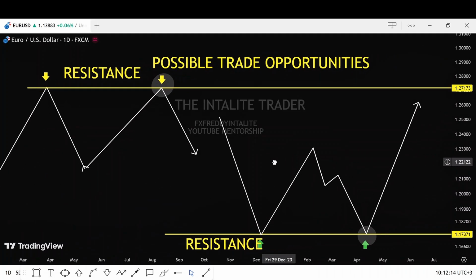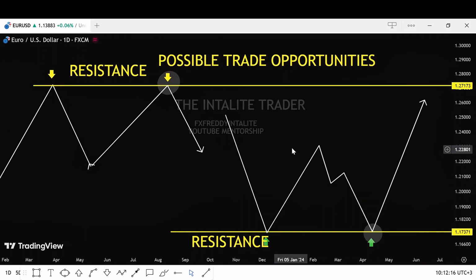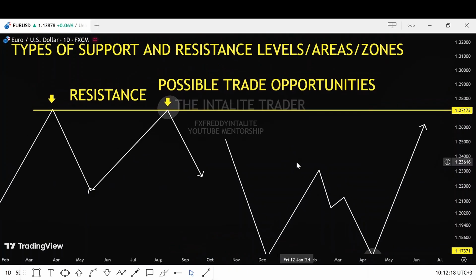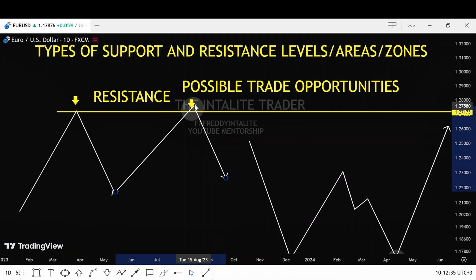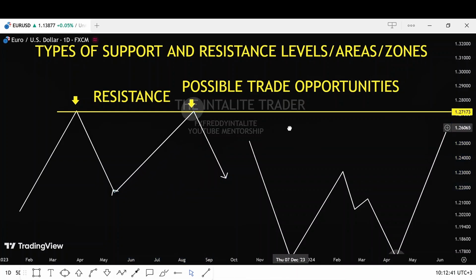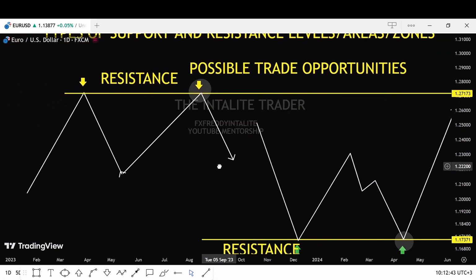when you are trading support and resistance, treat these areas as zones, because you can have here, this is the price level 1.217, but the market can come and break above it before reversing down. Why are these levels important?